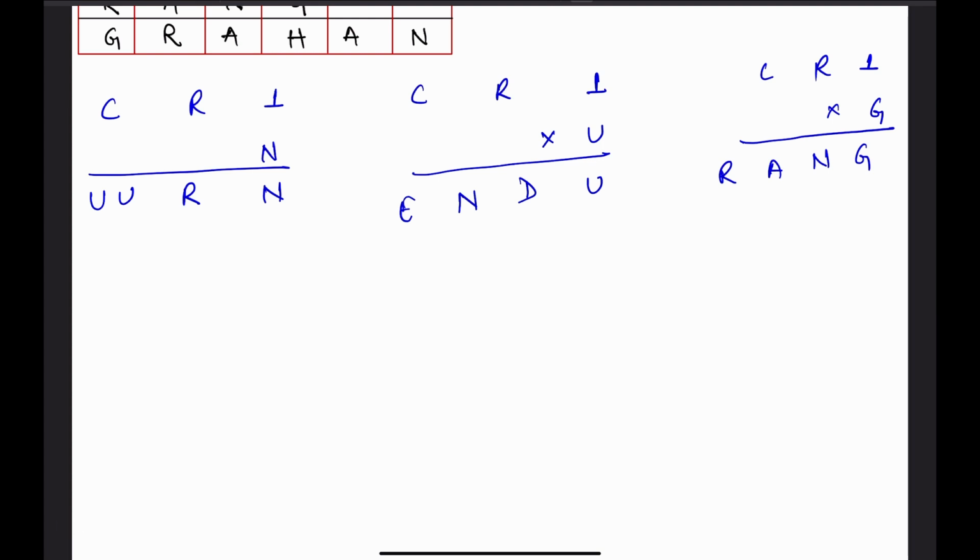There are two things which are repeated multiple times. R is coming 4 times, and my N is coming 1, 2, 3, 4, N is also coming 4 times, so we have to proceed with R, N and U, because U is also coming 4 times.